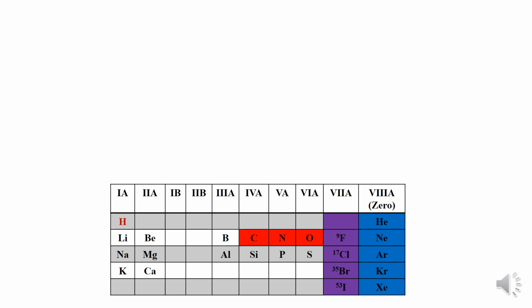Here's a simplified and condensed version of the modern periodic table of elements, and I have highlighted only those elements relevant or related to the discussion on van der Waals forces.